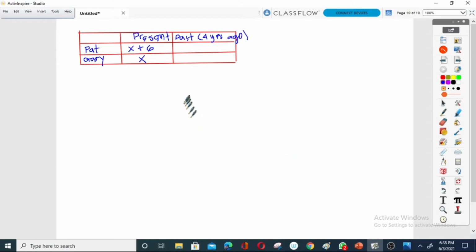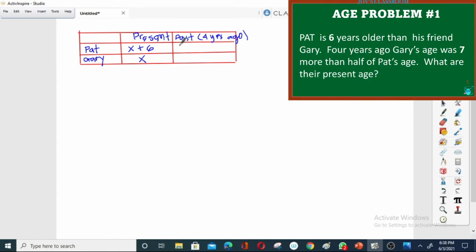If 4 years ago, that means we need to subtract from the present age. 4 years ago is minus 4, and this is X minus 4.